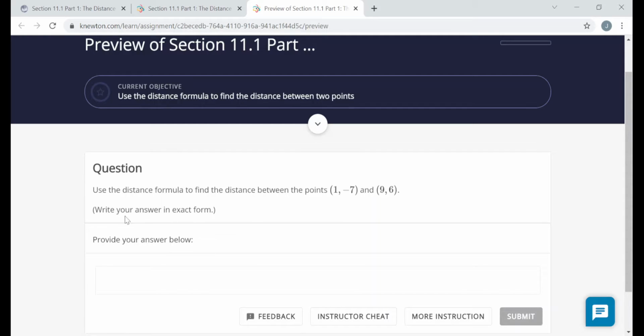And then we're asked to write our answer in exact form. Now remember, exact form means don't use a calculator. Don't round it, right? Just leave it as is, in as simplified a form as you can without actually punching it into a calculator. Okay.